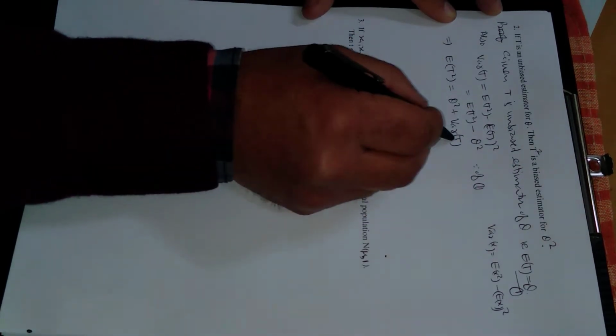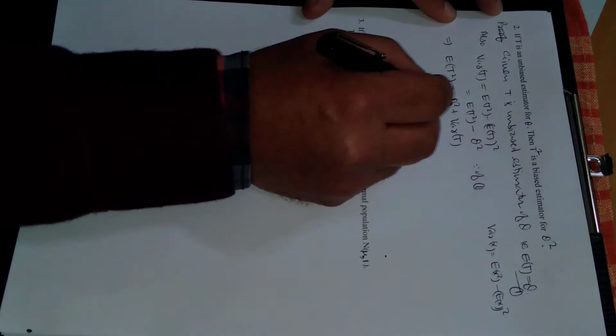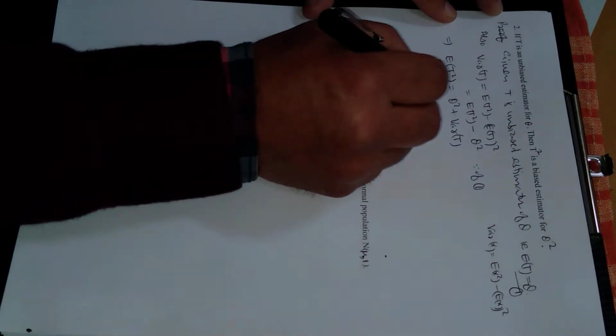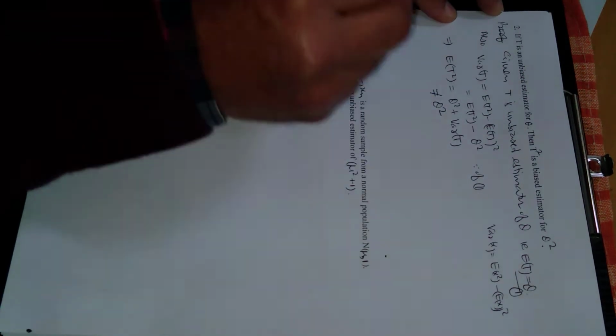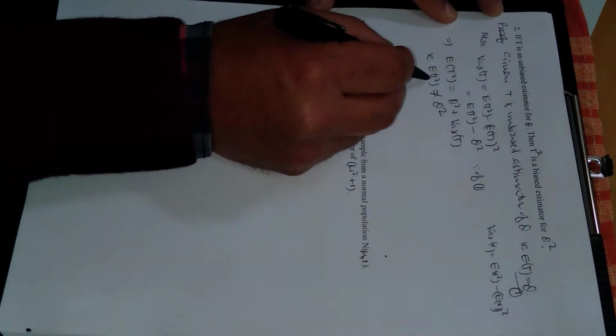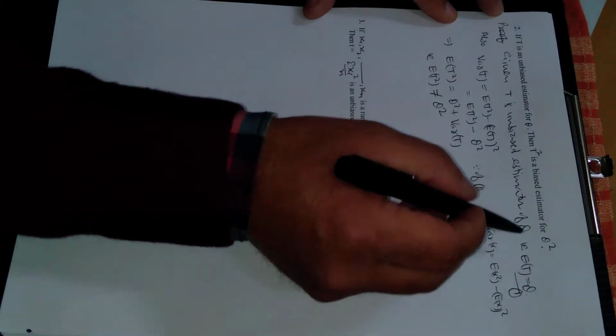So this value is more than theta square, because we are adding something to theta square. So this is not equal to theta square. That is, E of T square is not equal to theta square, even though E of T is theta and T is an unbiased estimator for theta.